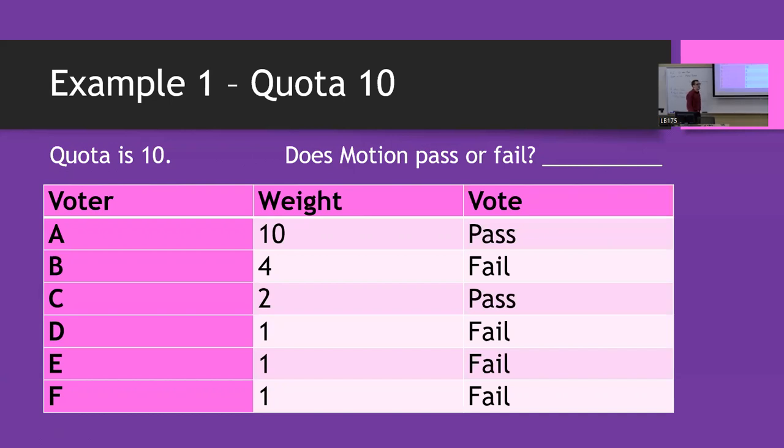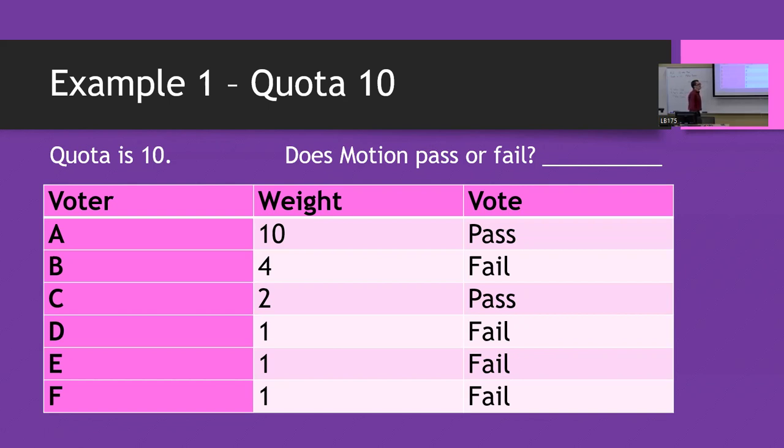A happens to also have veto power, because if you add up all of the other votes, you get to a 9. And so if A votes to fail and everybody else votes to pass, they can only get up to 9. Right? So A is a dictator and also has veto power.